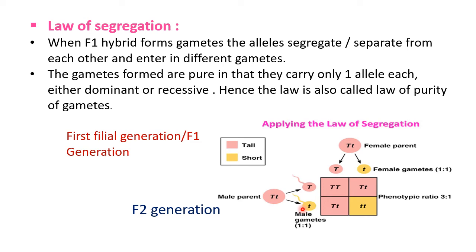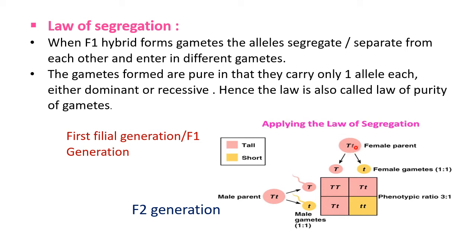So we see here that in the F1 generation, hybrid tall pea plants are produced having genotype capital T, small t. But in the F1 generation, only the tall character is expressed and the dwarf character is not expressed. The dominant character, having the genotype capital T, does not alter or modify the dwarf character. Hence, it remains pure, but it is not expressed in the F1 generation.